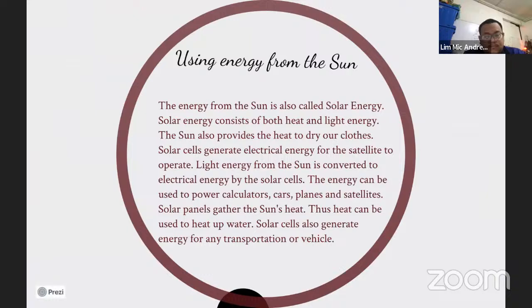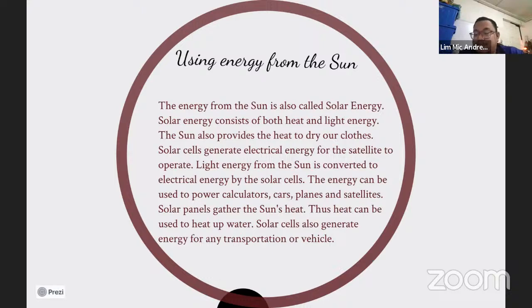Other than using the energy from the sun as food, there are other things we can use the energy from the sun for, such as solar energy. We humans use solar energy to dry our clothes, to generate electrical energy for satellites to operate, and to convert the light energy from the sun to electrical energy used by solar cells through solar panels.